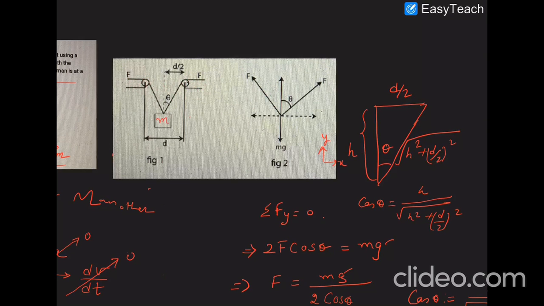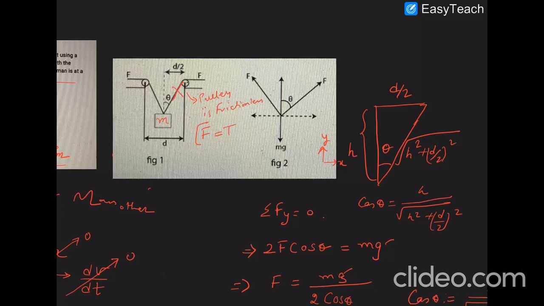But another assumption is that the pulley is frictionless. As this pulley is frictionless, under that condition we can think F is equal to the tension in the string.